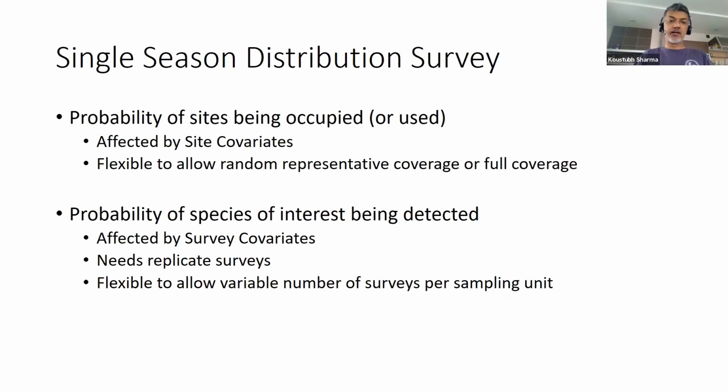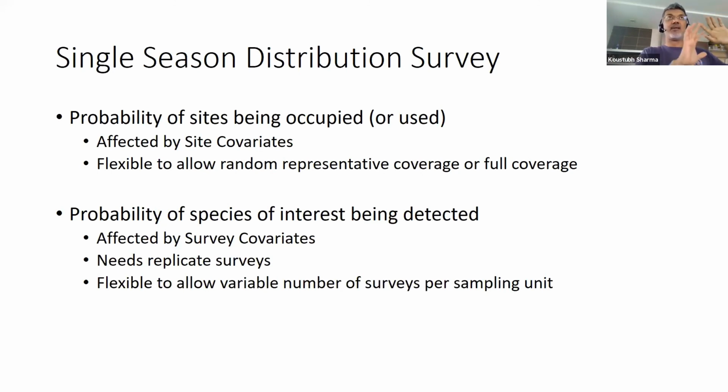But the second element, the probability of a species of interest being detected, does get affected by survey covariates, which you guys have just looked through. So anything that affects your ability to detect an 8 in a habitat is a survey covariate. Anything that affects an 8's probability to live in a certain area is a site covariate.